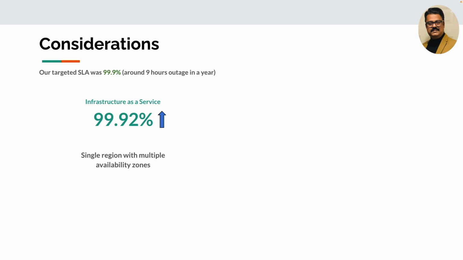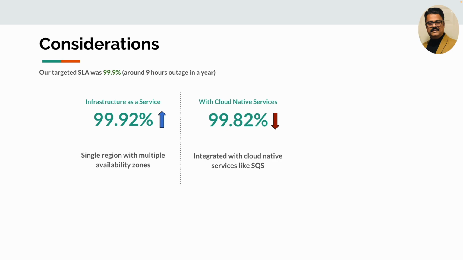Next, we introduced a cloud native service called SQS, which provides async messaging integration between apps and gives them the flexibility to change and scale independently of each other. However, that has reduced system availability further, and now that has gone below our required availability. But that's always the case.